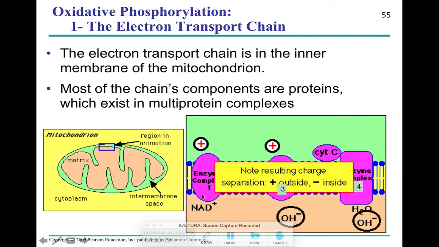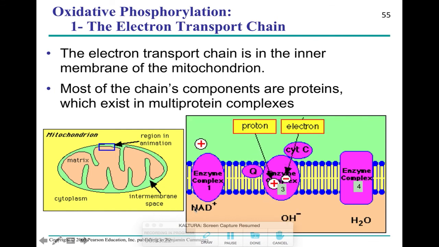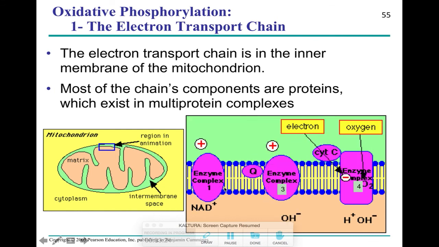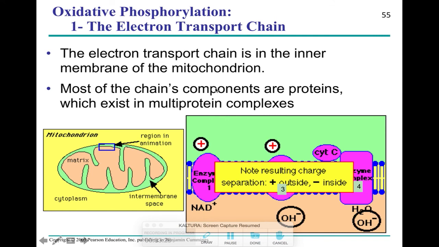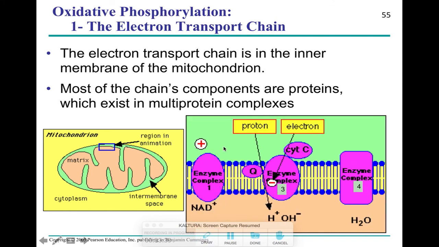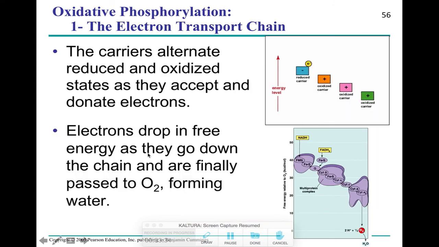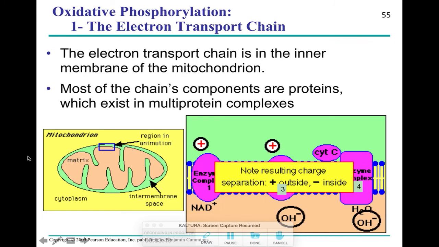So when electrons are jumping, they're releasing energy. That released energy activates these enzyme complex molecules to pump hydrogen ions from inside the mitochondrial matrix to the intermembrane space. These hydrogen ions, when pumped out, get collected in this intermembrane space.